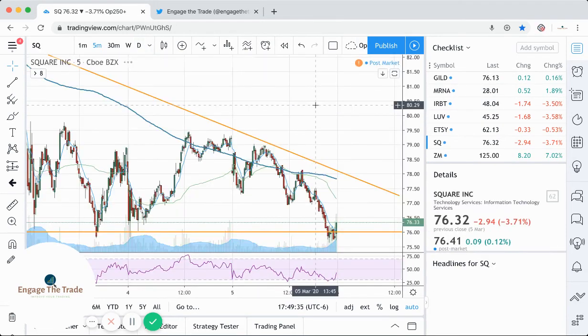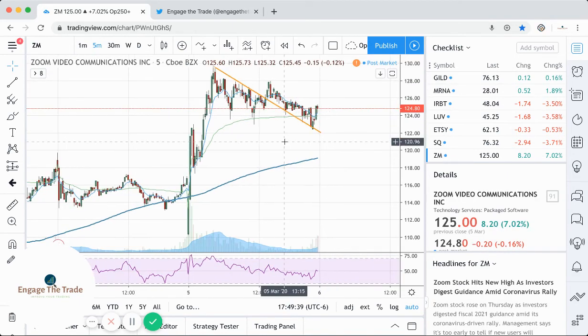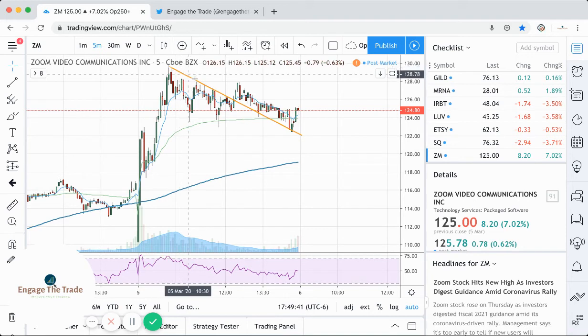And oh yeah, Square I already showed you from the screening. And then here's the one I was talking about in my part 2. Broke out of the spot and gave a nice move, but couldn't quite stay there. But it's interesting how it stayed above the trend line now.